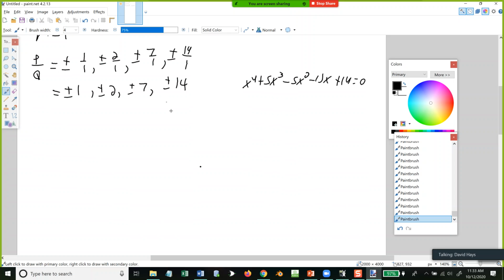Now what we do is plug in each one of these values and see which ones work.